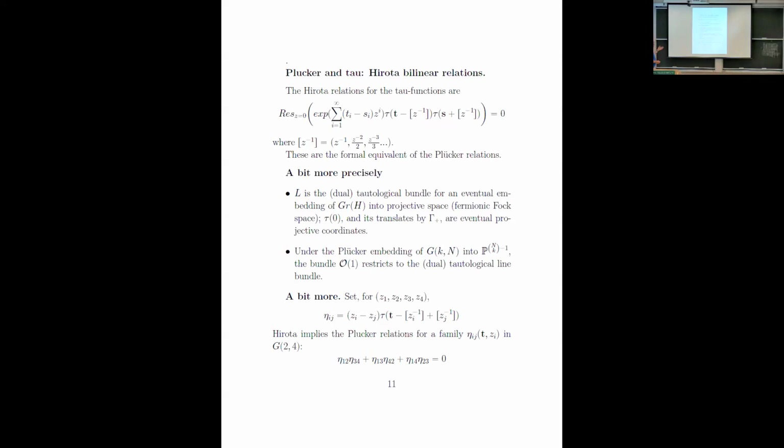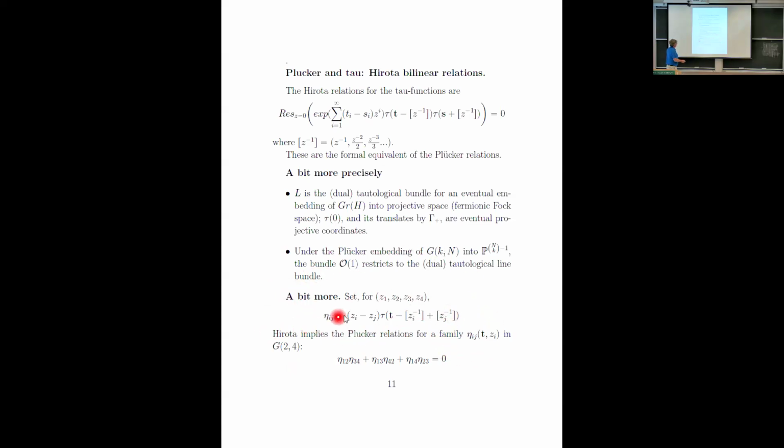And these will be the eventual projective coordinates. And of course, the Plücker embedding restricts O(1) on P^(nk-1) to the sections of this tautological line bundle. But a bit more, if you can manipulate the tau functions.